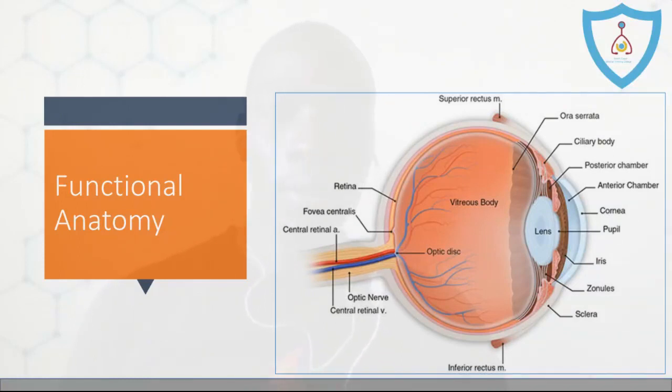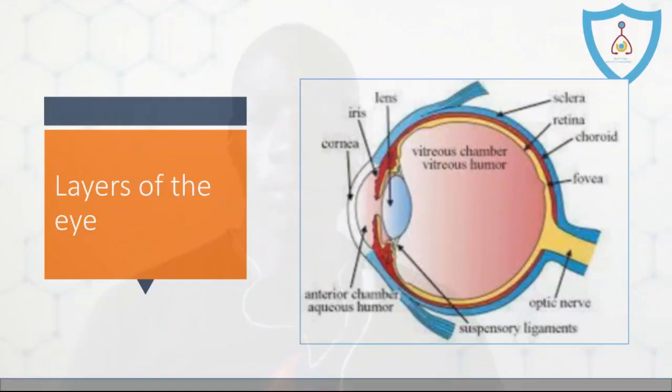The eyeball looks like a globe with a bulge anteriorly, and the structure of the eyeball, we can look from outside inside, where we are going to have different layers. So I'm going to bring this slide to be able to show you the layers of the eyeball first of all. From outside, we have this layer, the sclera, and this is the white layer that extends all the way from posterior to the anterior part, going backward like that.